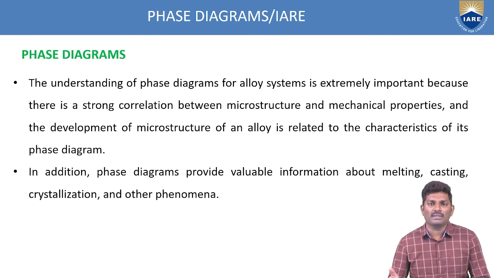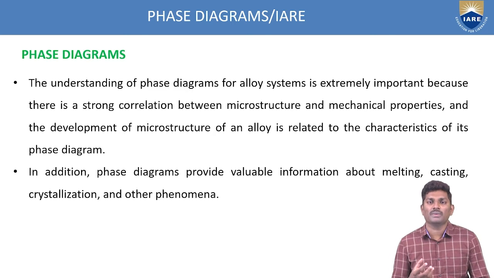If you know the phase diagram of any metal or material, then it is easy for us to identify the melting temperature of the material, its properties, its characteristics, and even the microstructure of the material. These all depend upon the phase transformations.